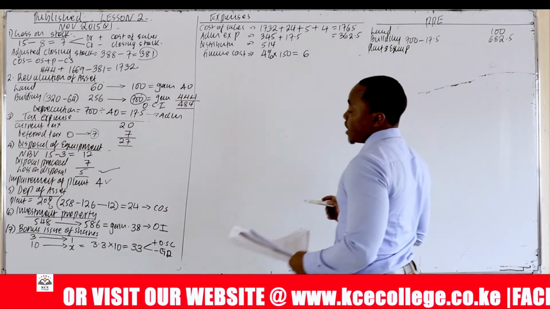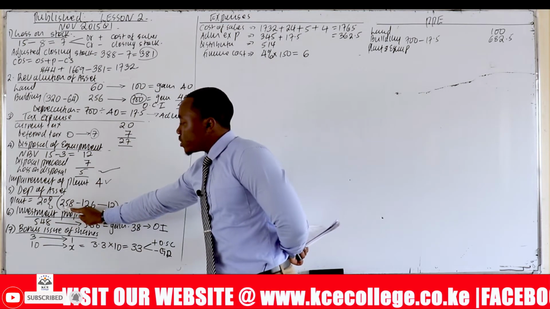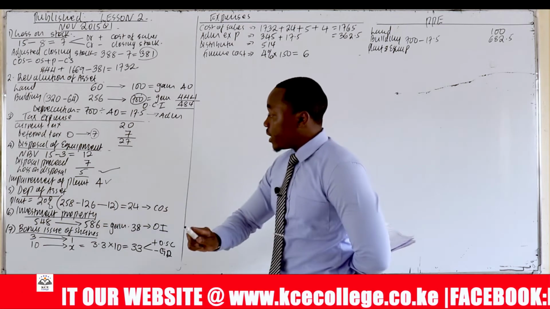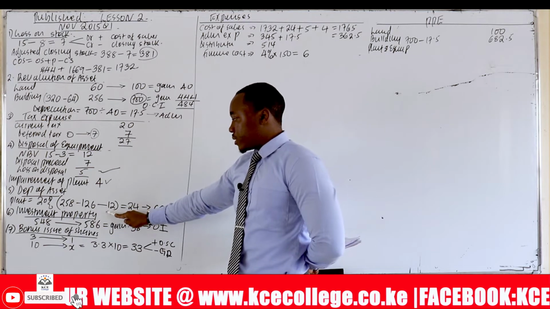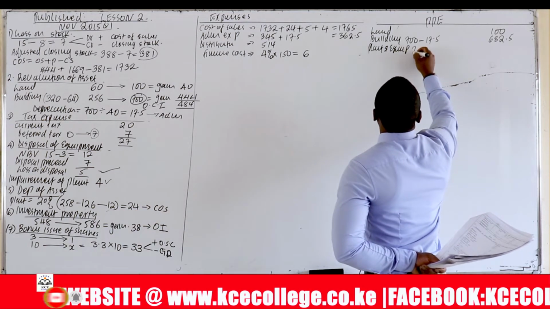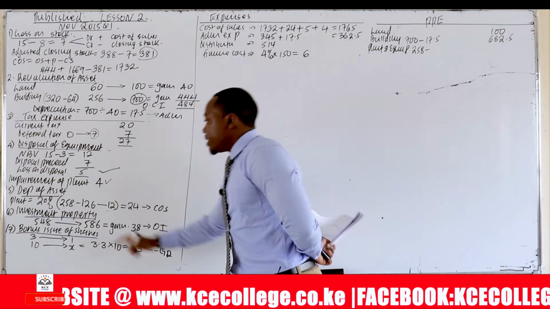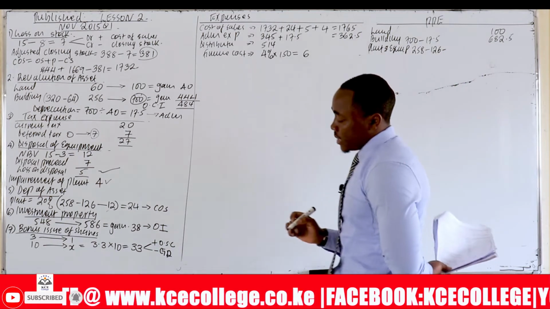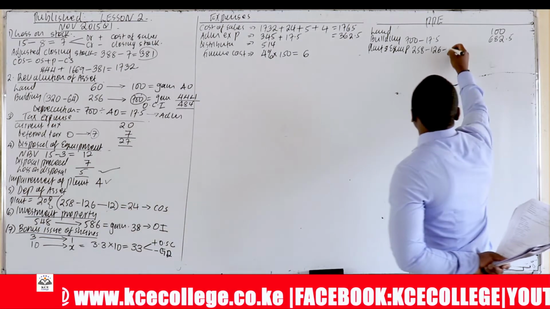Also, there was plant and equipment. Now let's be here. For the plant and equipment, you'll take 258, that's the cost. You raise depreciation 126, you get the net book value. You raise the net book value of the asset that was disposed. Then you raise depreciation charge for the year. So it's 258, that's the cost. You raise the accumulated depreciation, which was 126, minus the net book value of the disposed item, which is 12.